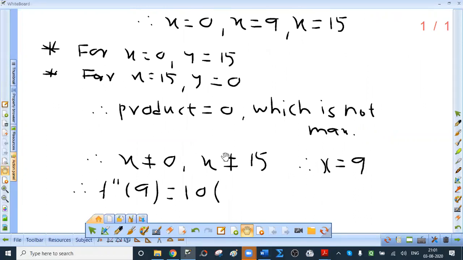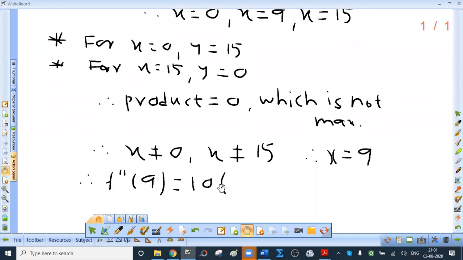So it will be 10 into, find out, substitute the values, you will tell me. It has to be negative.